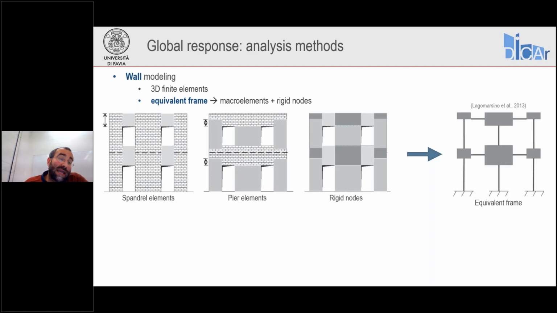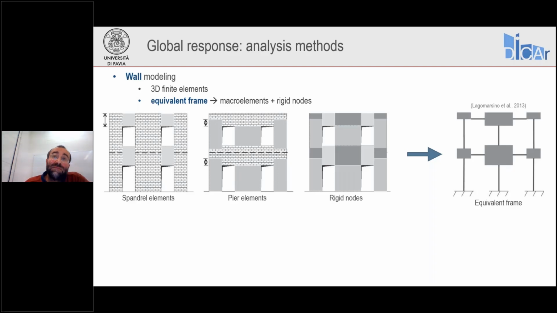So you can see we can identify spandrel elements, pier elements, and rigid nodes. And then we can build our equivalent frame. And in the literature, we can find criteria on how to define the dimensions and the boundaries between the different components of the equivalent frame.